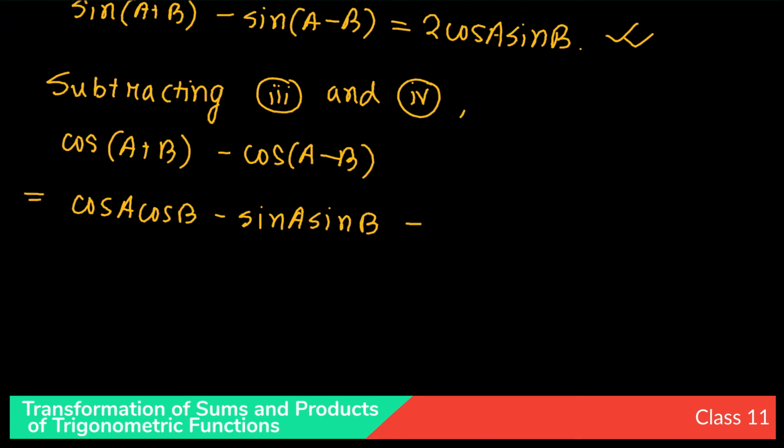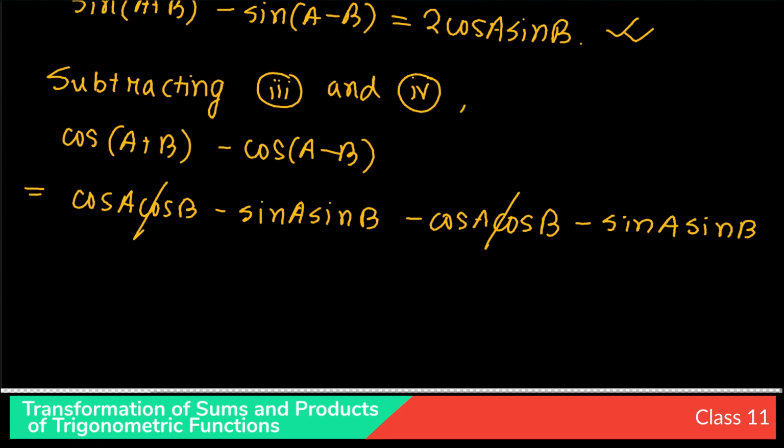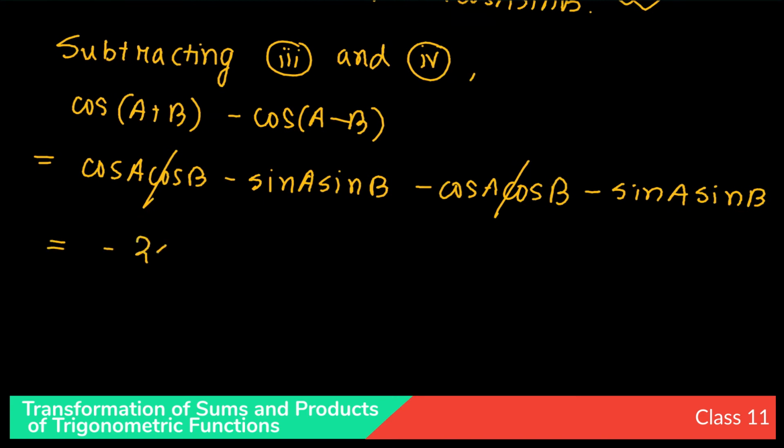So it is minus cos A cos B, and it is plus sin A sin B. So in front of it is minus, so it is minus sin A sin B. Now you can see cos A cos B and minus cos A cos B is getting cancelled. So it is minus 2 sin A sin B.